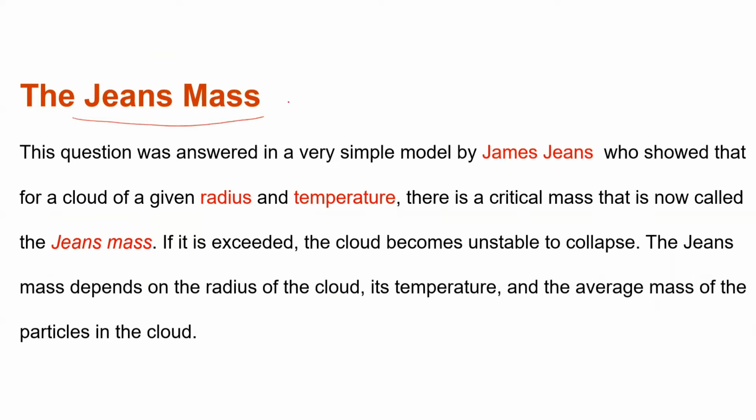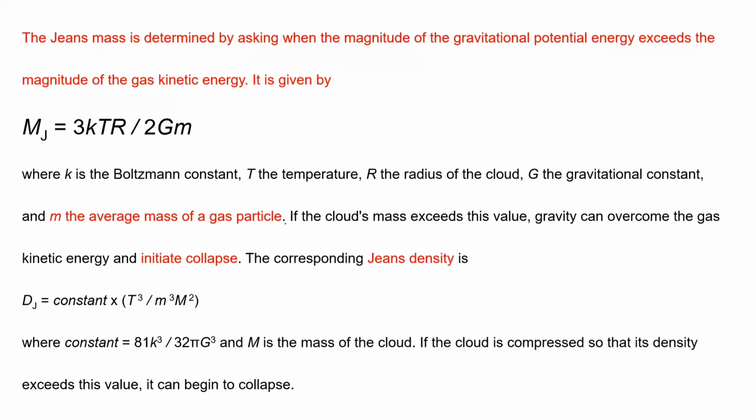This is from a famous scientist named James Jeans, who declared a critical mass that is known as Jeans mass. Jeans mass depends on the radius and temperature of the gas cloud, and its value can be calculated. How can its value be calculated?